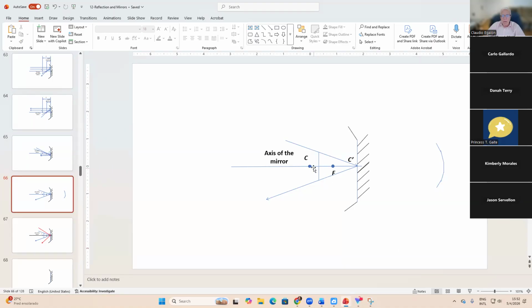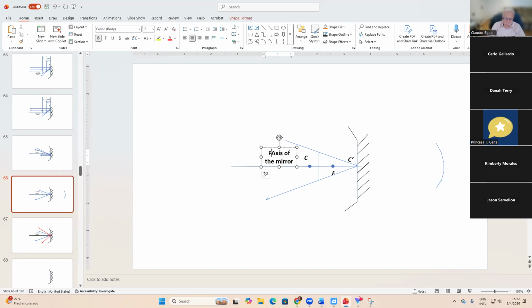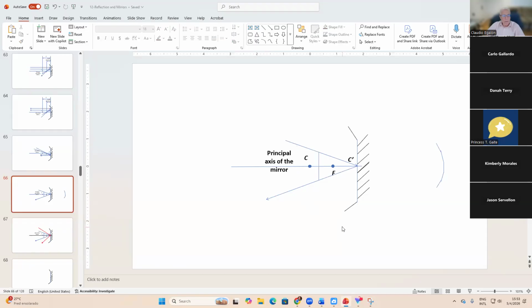This angle here is equal to this angle here. Don't forget principal axis. Axis of the mirror. Four important light rays. And here are several examples of different light rays incident at the center of the mirror.